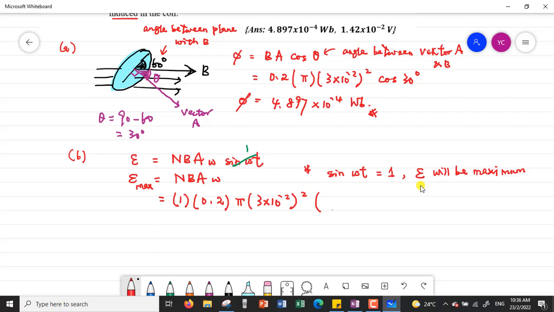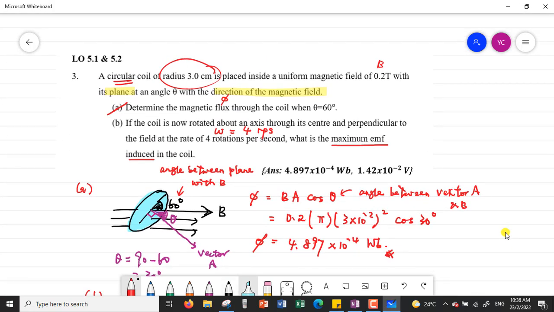The omega given in the question is 4 rotations per second. But class, you have to remember that 4 rotations per second is not the SI unit for angular velocity. So we have to change it to radian per second. So we do the unit conversion for omega here.